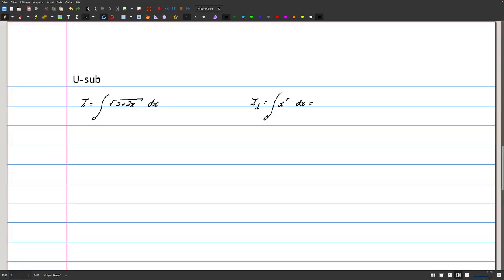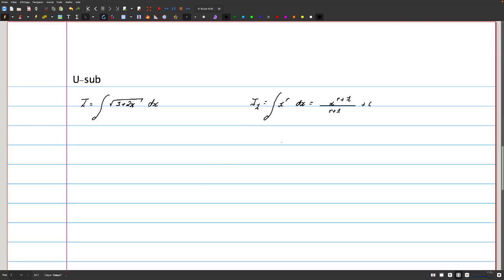And that will give you x to the r plus 1 over r plus 1 plus c. Basically, you raise the degree of the exponent in the numerator and divide by the same exponent that you raised to the degree again. So you're always raising it by 1.